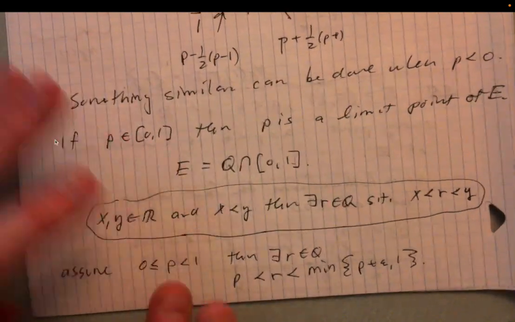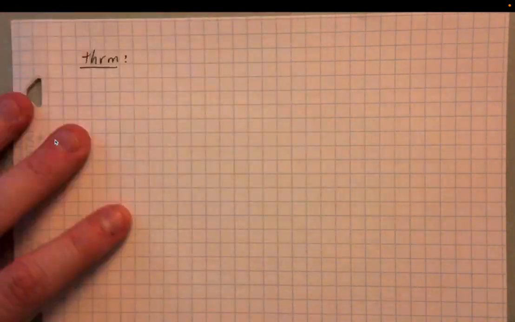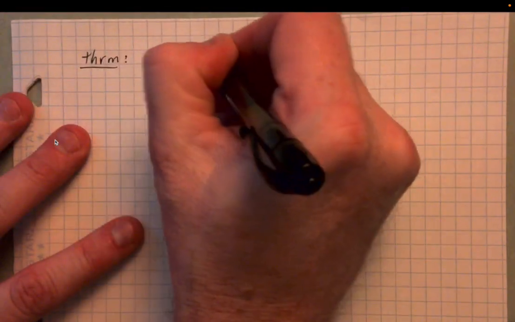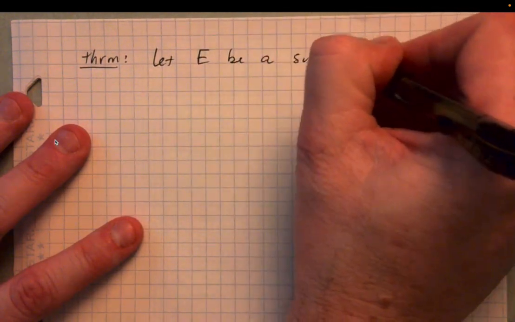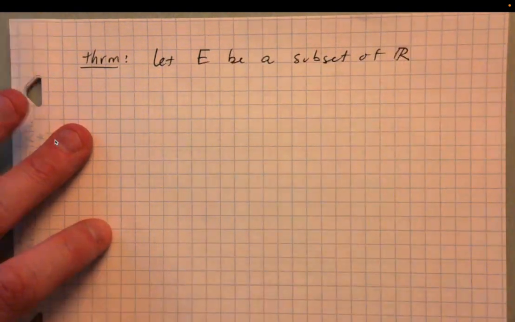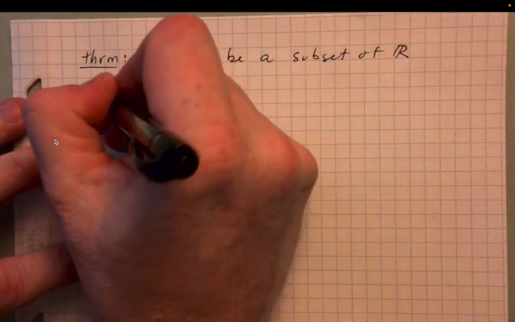Okay, very good. Let's take a look at a theorem that leverages, or is about, limit points. So we've got a theorem about limit points. Let E be a subset of R. So I've got a subset of the real numbers E, and I've got two things to say about that.